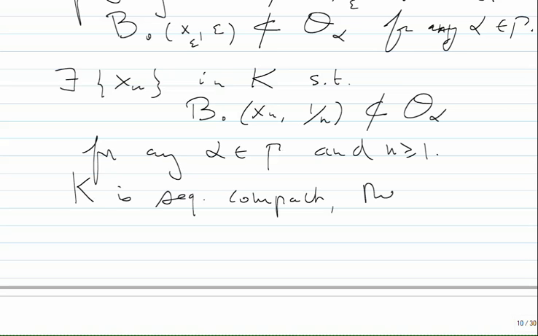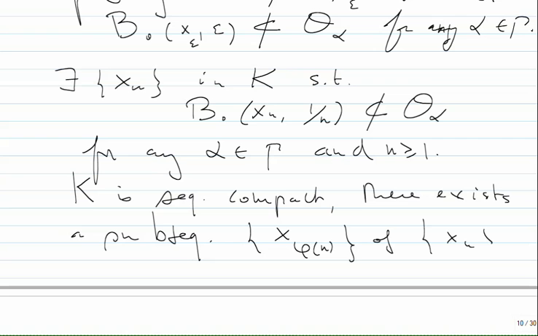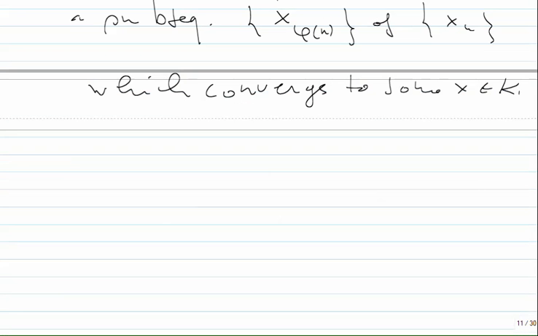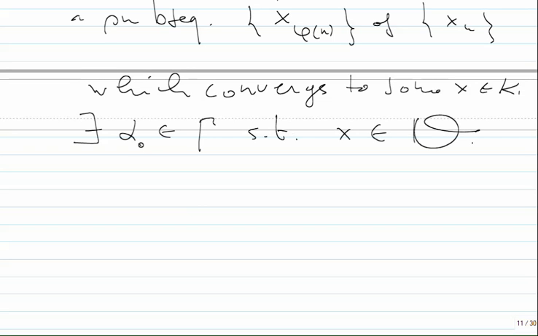Therefore, there exists a subsequence x phi of n of xn which converges to some x in K. Since the O alphas cover K, there exists alpha 0 in gamma such that x belongs to O alpha 0.